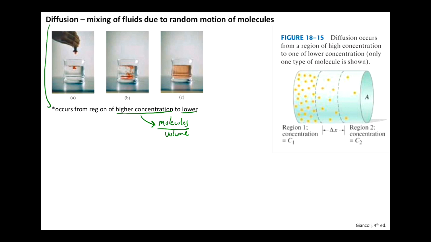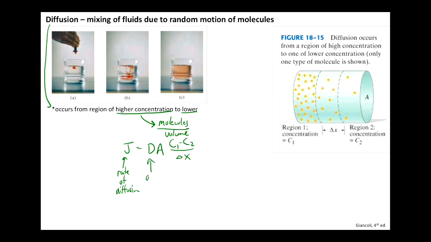So, let's see. There is something known as J, which is the rate of diffusion. And it is equal to D times A times (C1 minus C2) over delta X. And I need to define what a few of those variables are.